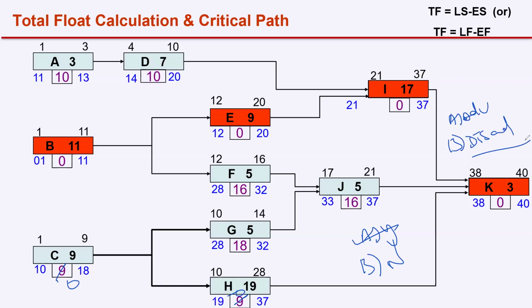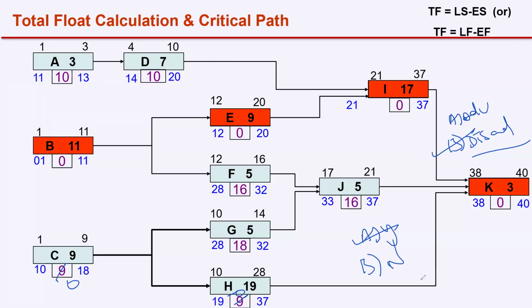Having multiple critical paths, is it an advantage or disadvantage for the project? The right answer is disadvantage. Why? The objective of the project manager from a schedule management perspective is to finish the project on time. If you have multiple critical paths, any delay in any of the critical path activities delays the project.